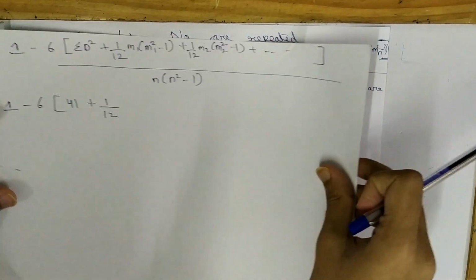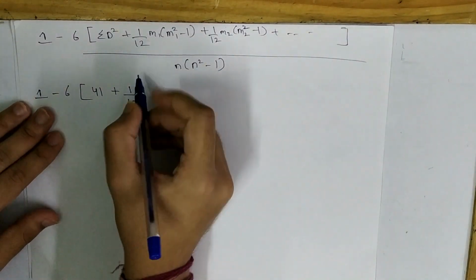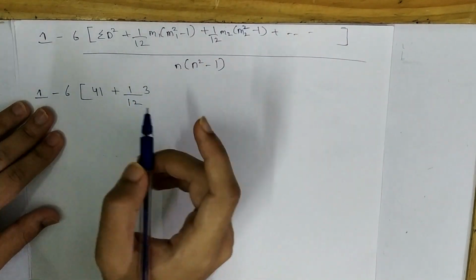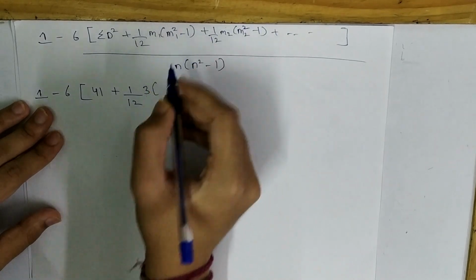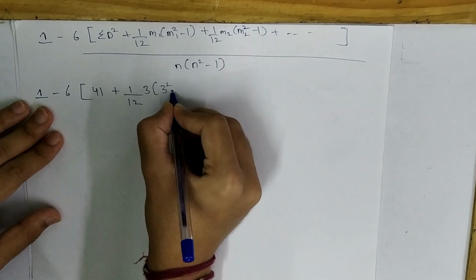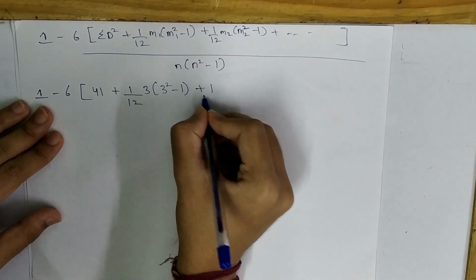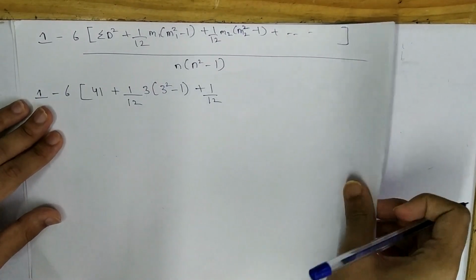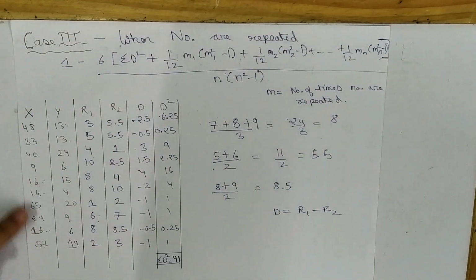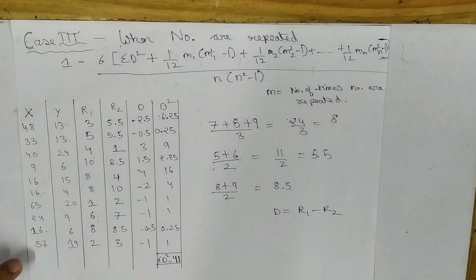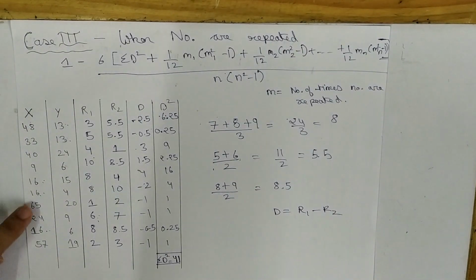So we have to put 3 here because the first number is repeated 3 times. This is 3 square minus 1. Now we have to see whether another number is repeated in this column, and there is no other number that is repeated after 16.